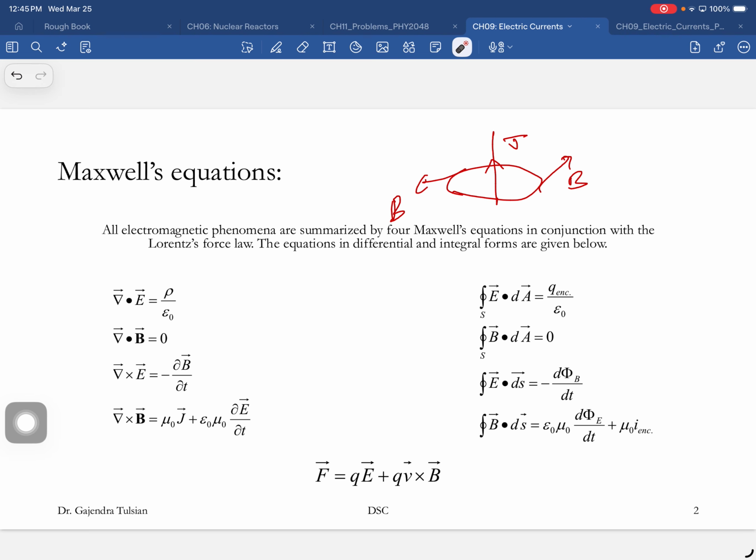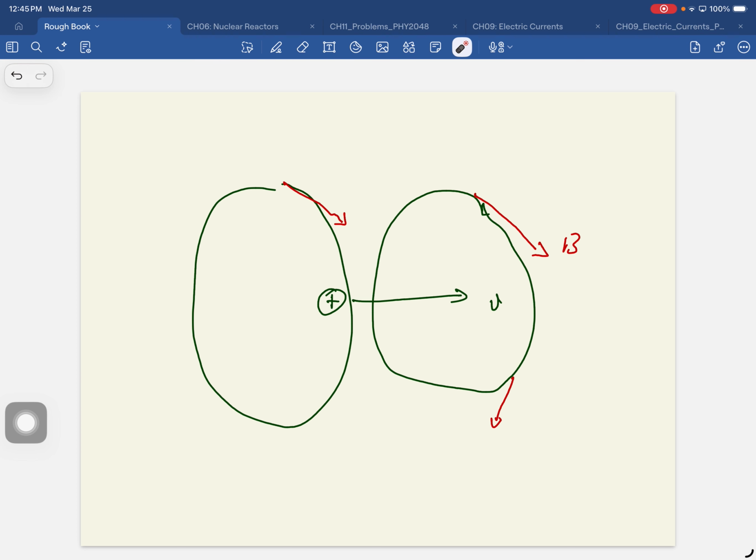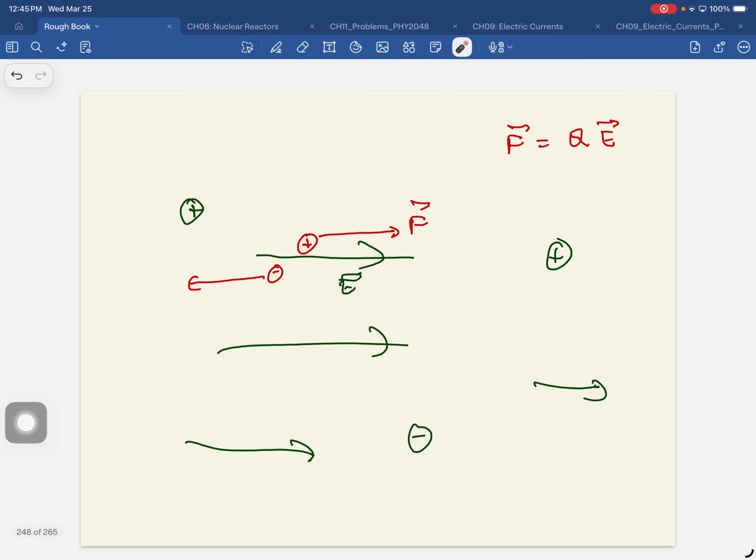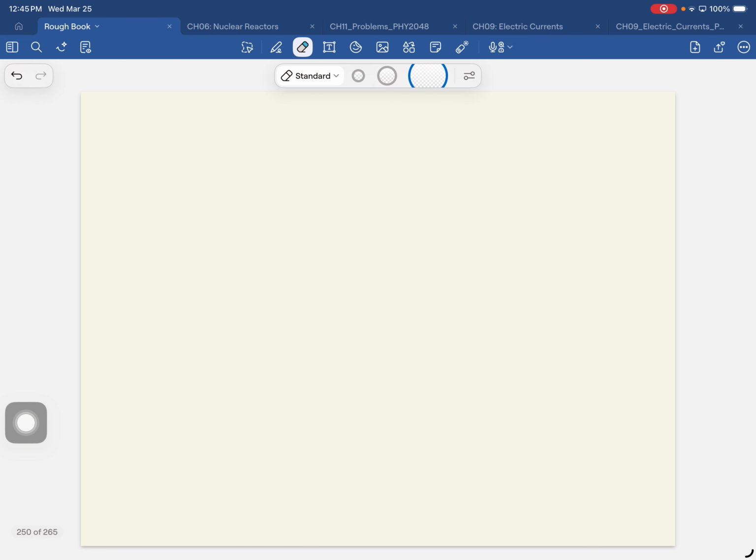Now here's another beautiful thing. What produces electric fields? Charged particles. Charged particles produce electric fields. So if you have a charged particle, let's draw a simple case.